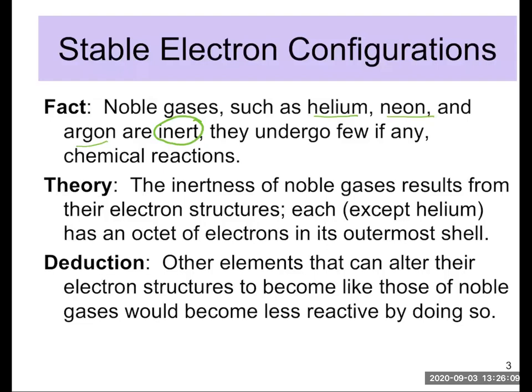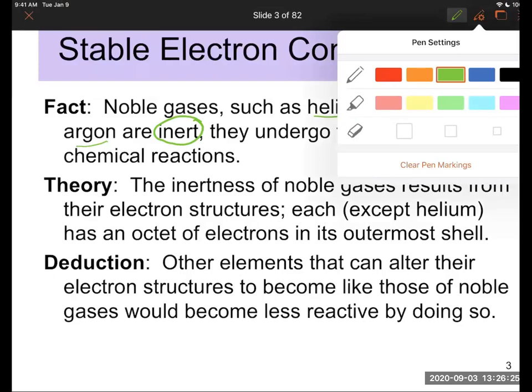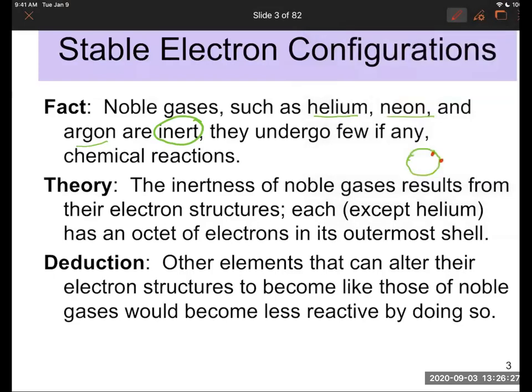All inert gases, with the exception of helium, have 8 electrons on their outer shell. They have 8: 1, 2, 3, 4, 5, 6, 7, 8. That's considered happy.